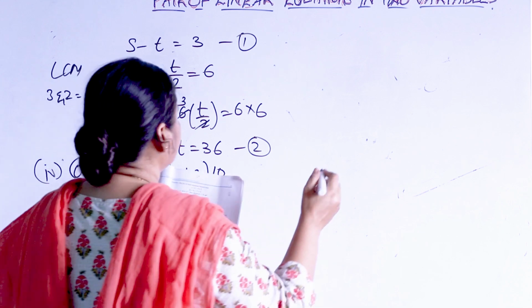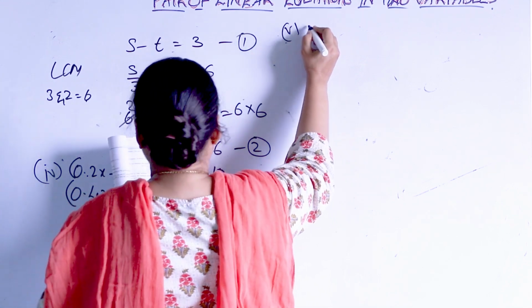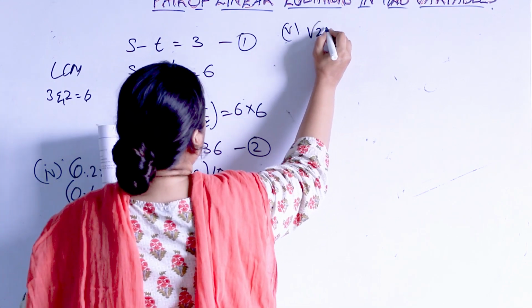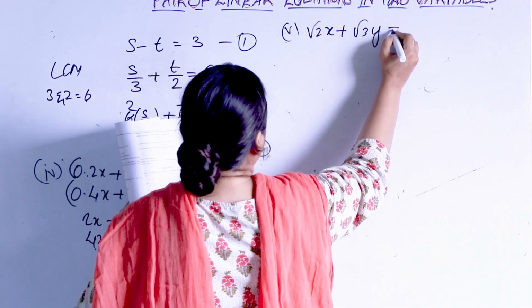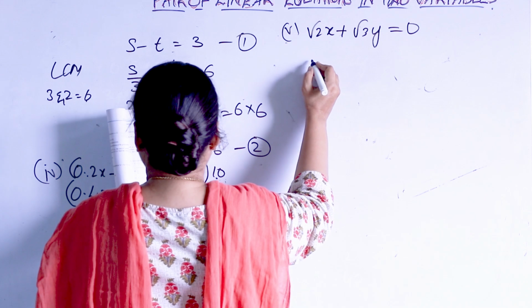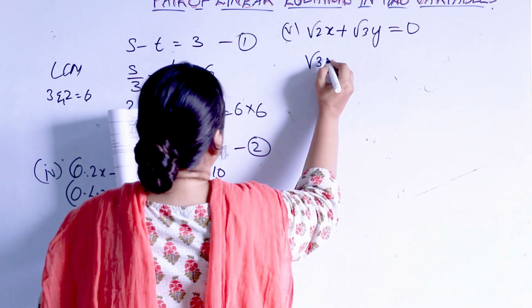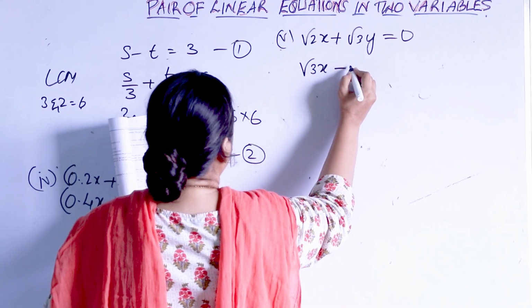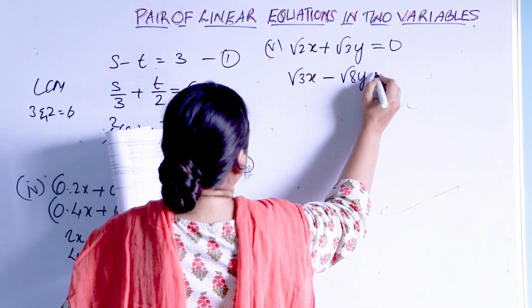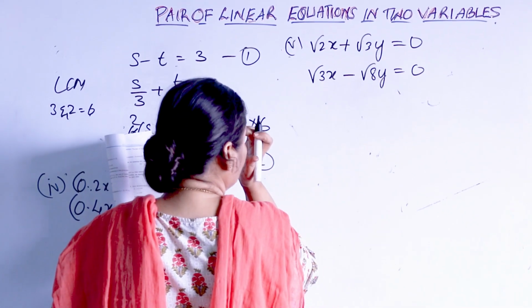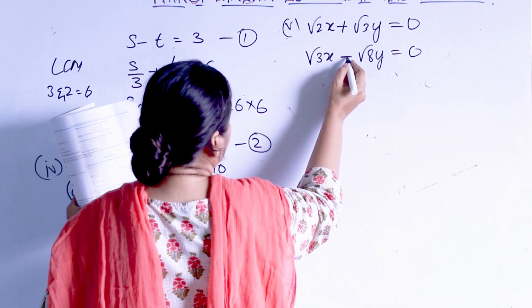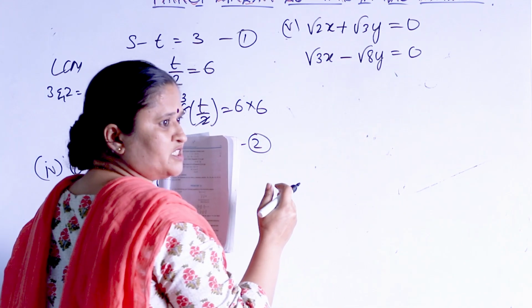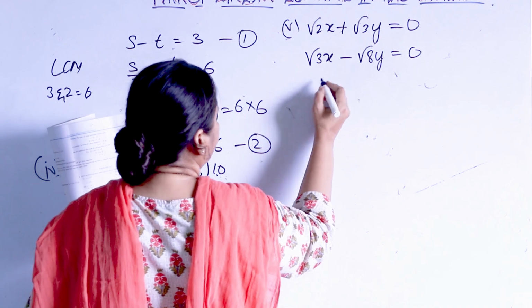Now I will move on to the fifth problem. Root 2x plus root 3y equals 0. Another equation is root 3x minus root 8y equals 0. You can take any of the equations since this is negative, and when you transpose it becomes easier.